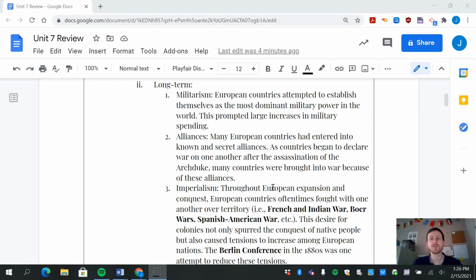What we find is that whenever we look at documents of the military expenditures from, say, 1880 leading up to World War I, all of these European countries that are practicing imperialism are spending more and more and more on their militaries, not only so that they can gain more territory, but we also see that these European nations are fighting one another in these other areas of the world. We'll talk about that later on, but we're starting to see this heavy promotion of militarism where militaries are expanding, therefore the technologies are improving, and therefore making war way more deadly.